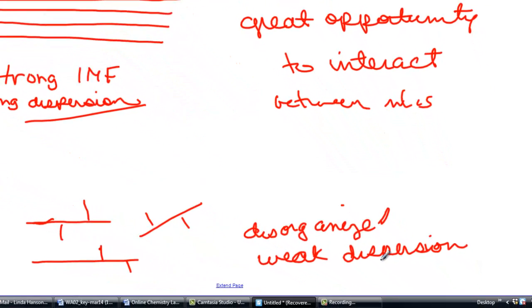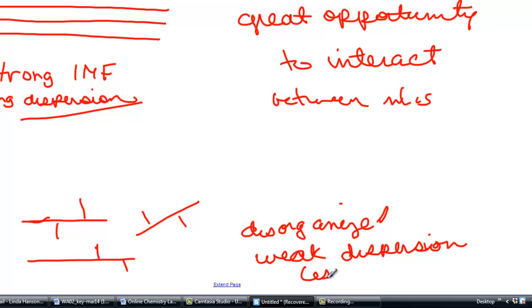Because we have a weak dispersion force, less opportunity to interact, low-density polyethylene is very much weaker in attraction. They're the ones that are going to be stretchy, like a saran wrap, perhaps like a sandwich bag, and so forth.